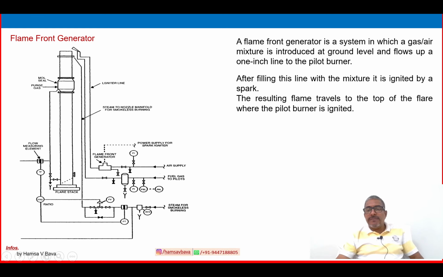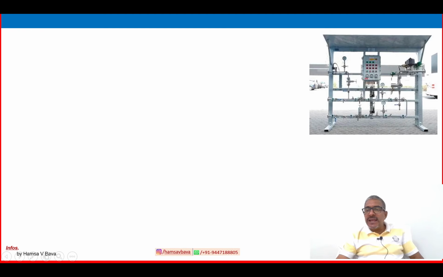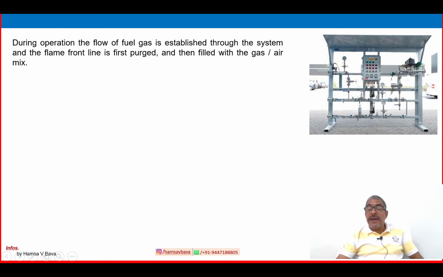The resulting flame travels to the top of the flare, where the pilot burner is ignited. So this is the flame front generator arrangement at ground level. You can operate it either automatically or manually, and do the maintenance here as well.